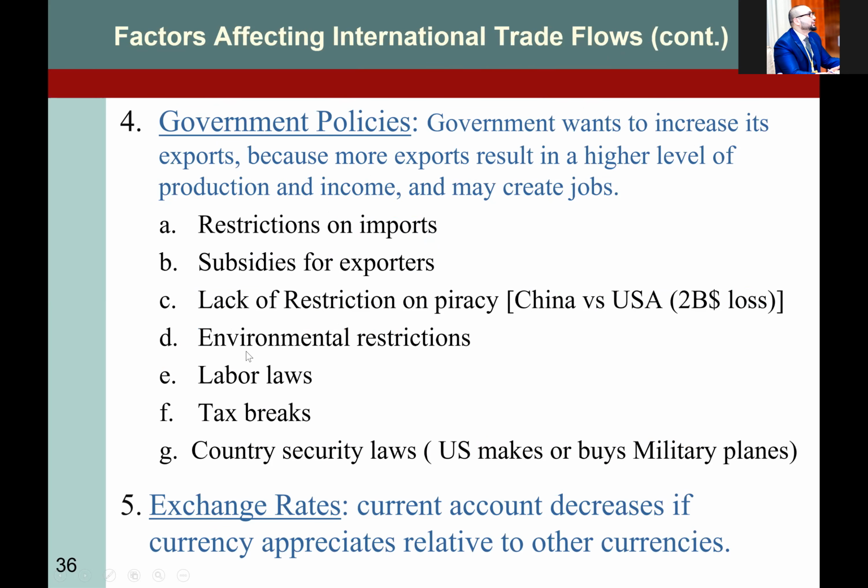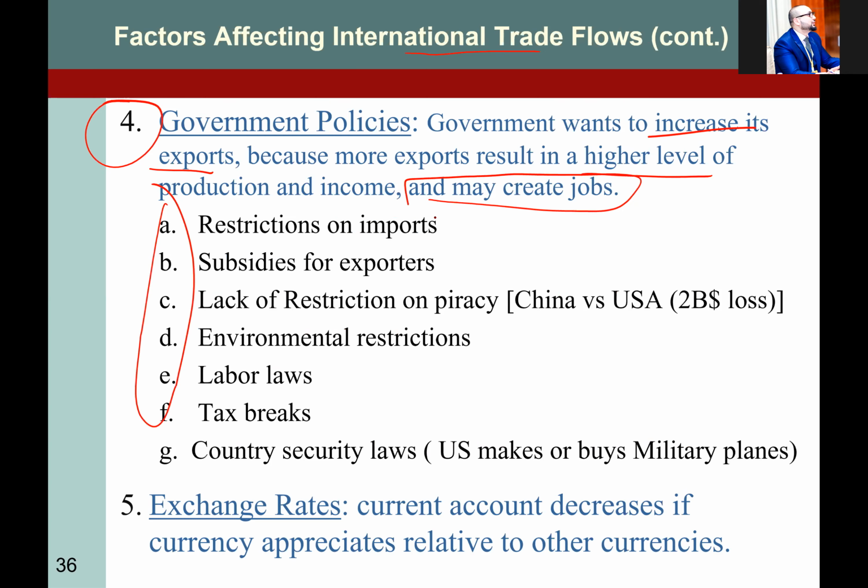Now, the factors that affect international trade flows. Number 4 is government policies. We will also talk about this in detail. If the government wants to increase exports, because more exports result in a higher level of production and income, or put in another perspective, if the government wants to increase the current account balance, right?